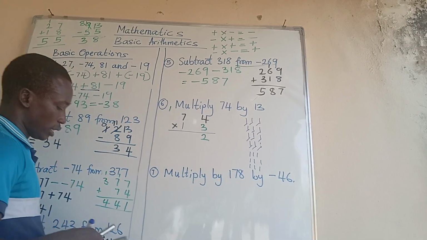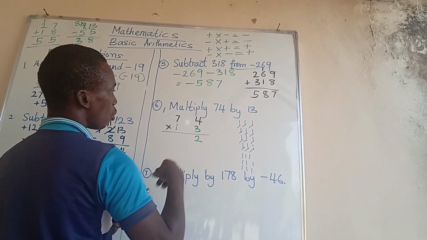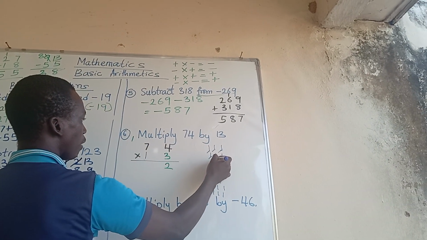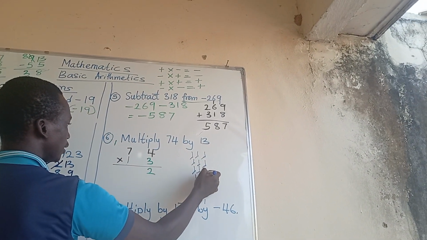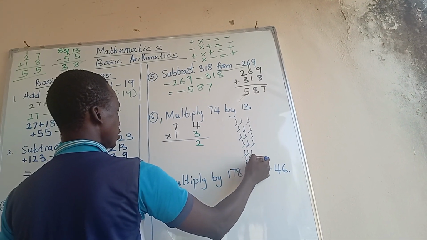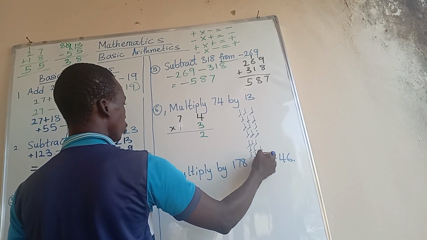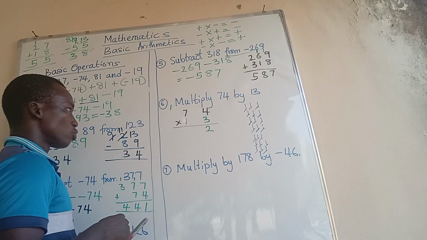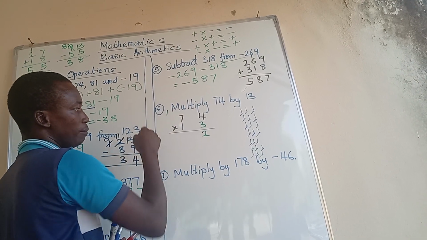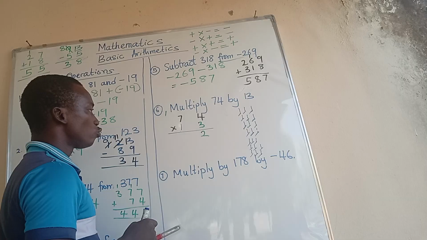By the time we count it together, we are going to have what? 1, 2, 3, 4, 5, 6, 7, 8, 9, 10, 11, 12, 13, 14, 15, 16, 17, 18, 19, 20, 21. So the 21 that we have plus this one that we carried here, making it what? 22.